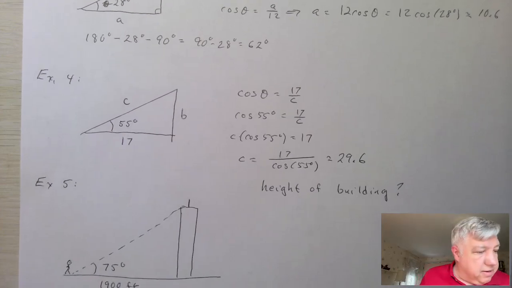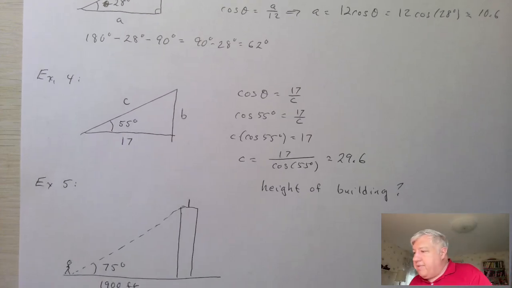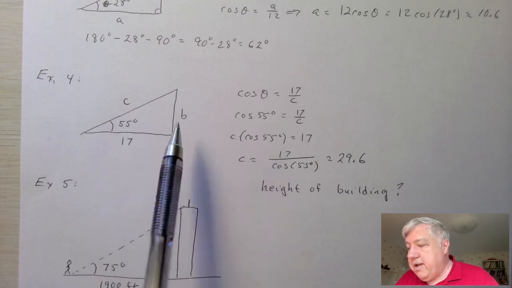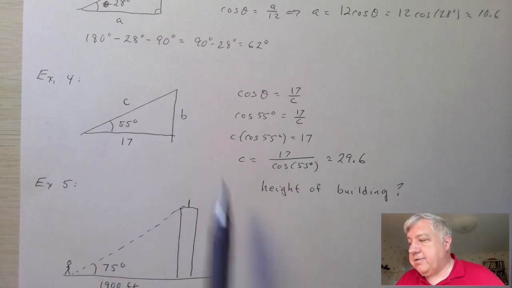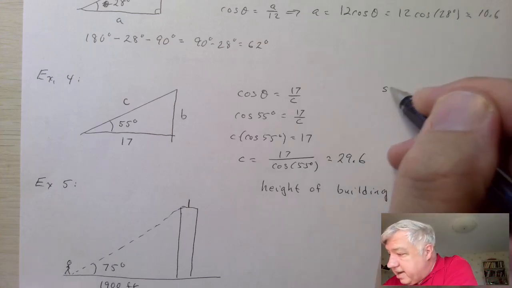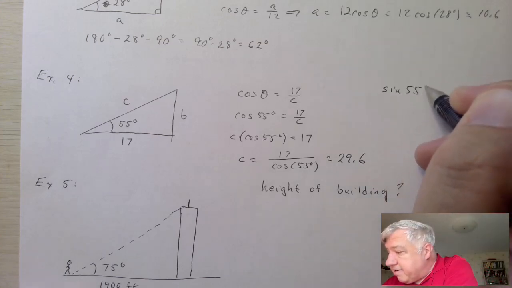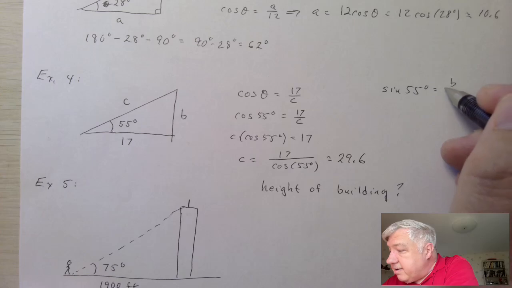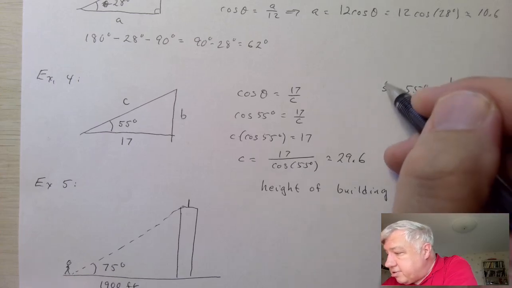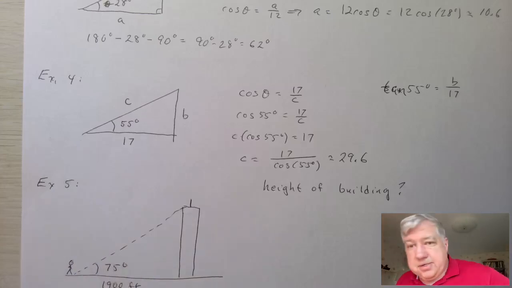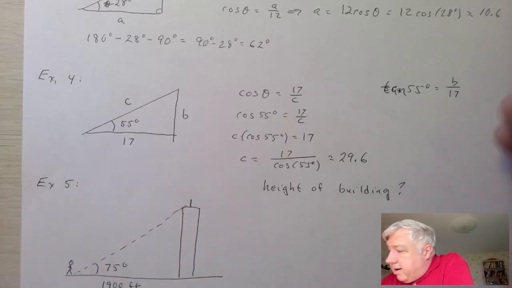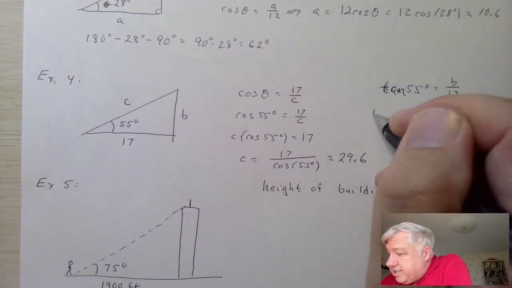And then, what about part B, or to find what B is? Well, this is the opposite. So we want to use the sine, right? The sine of 55 degrees will be B divided by 17. Sorry, this should be the tangent. Tangent is the opposite over the adjacent. So B is going to be, so multiply by 17.